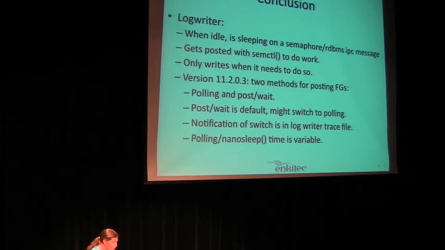And with polling, the foreground process waits for a variable time. And I've seen multiple people saying there can be issues with the polling mechanism. And at most of the sites, the problems were resolved by turning the polling mode off and relying on post wait.